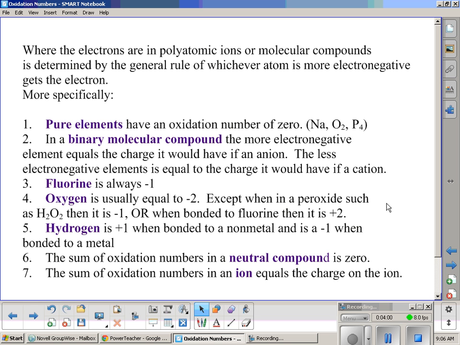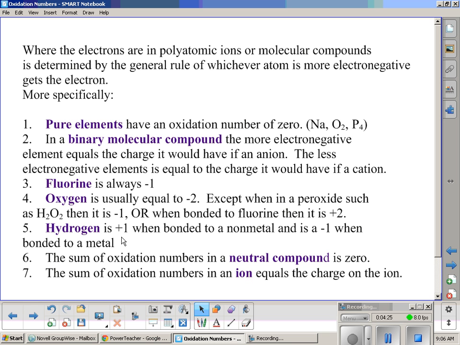Rule number 4, which you're probably going to use more than any other rule, oxygen is usually equal to -2. And of course, there are exceptions to every rule, except in a peroxide such as H2O2, hydrogen peroxide, in which case it is -1. Or when it's bonded to fluorine, then it is +2.